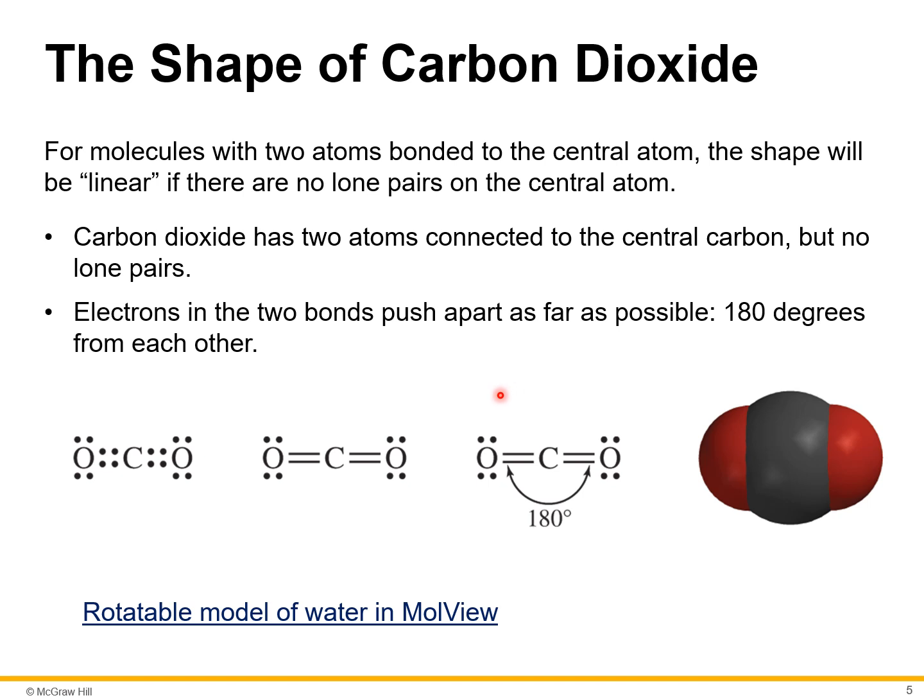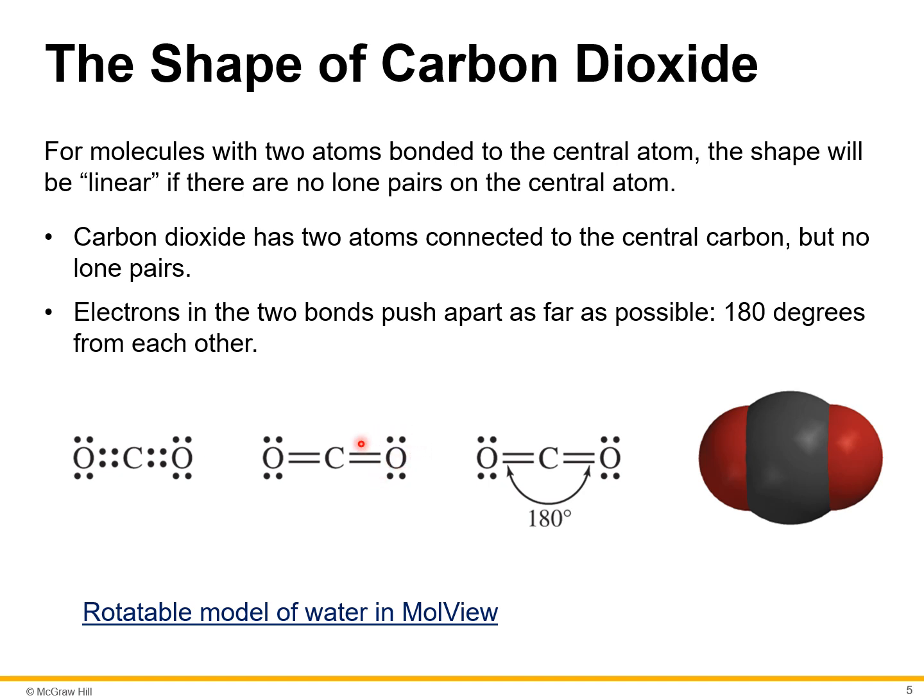As I just said, linear. If we focus on the central atom, this is the correct Lewis structure of CO2. Carbon in the middle, we have a double bond to the left, a double bond to the right. We treat double bonds, single bonds, and triple bonds equally in this case.